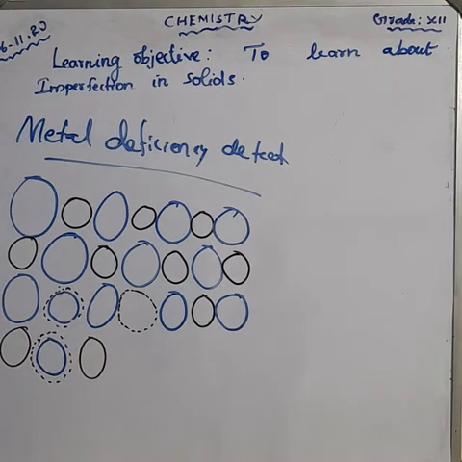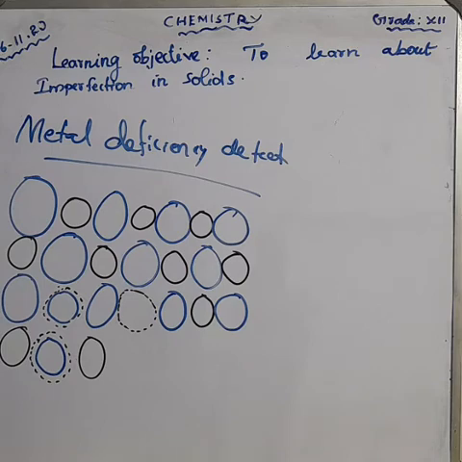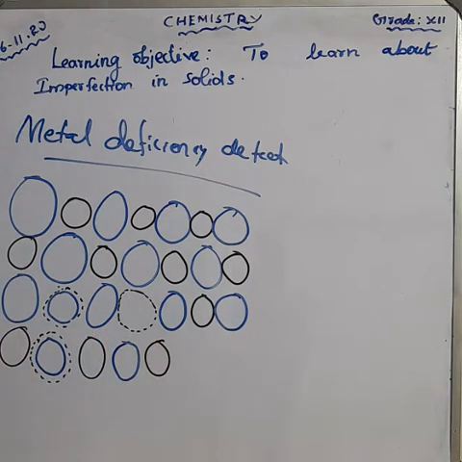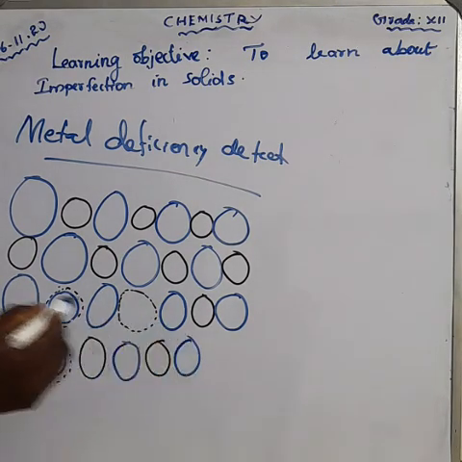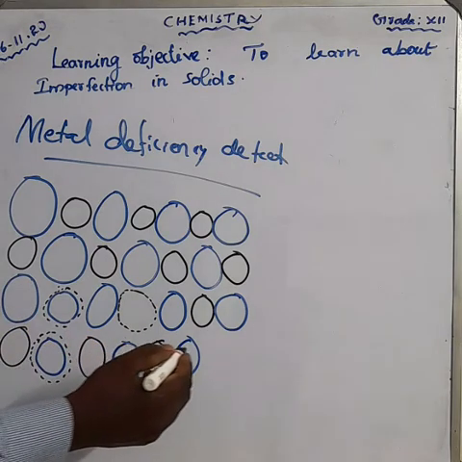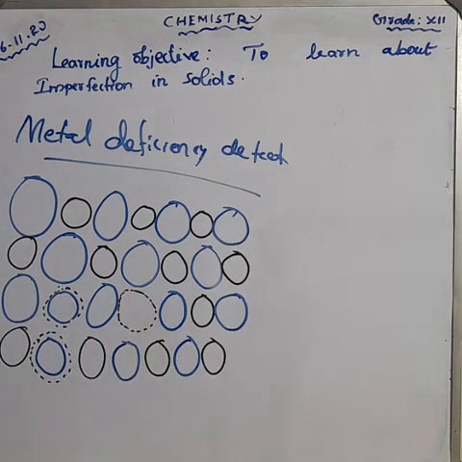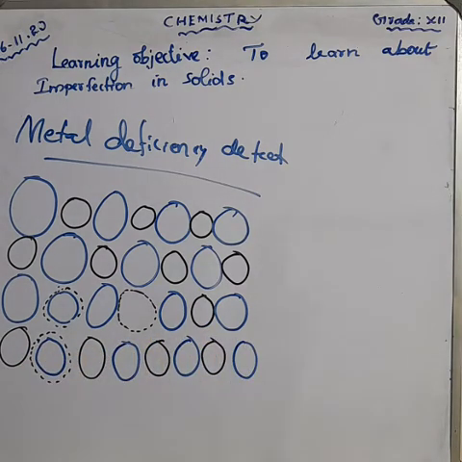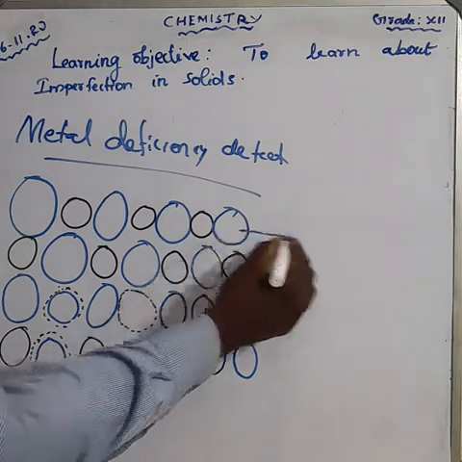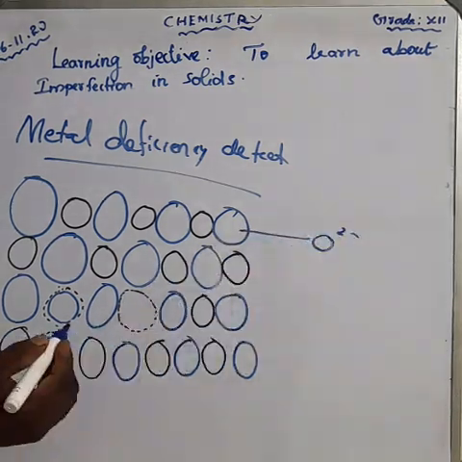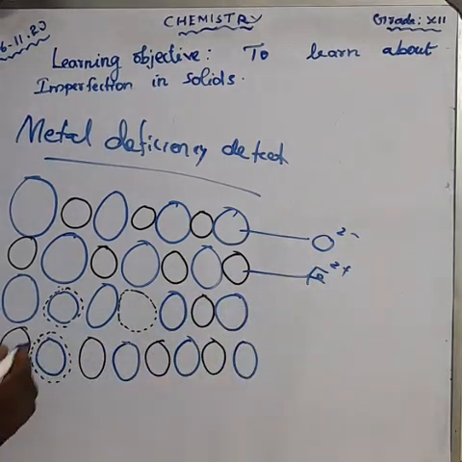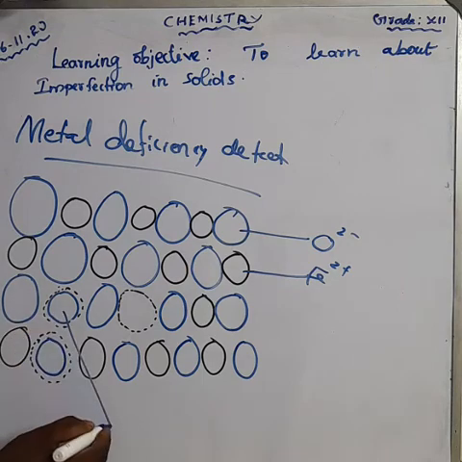Fe2 plus ion, O2 minus ion, Fe2 plus ion, O2 minus ion, Fe2 plus ion, O2 minus ion, okay, O2 minus ion, Fe2 plus ion. Here we can say Fe3 plus ion.